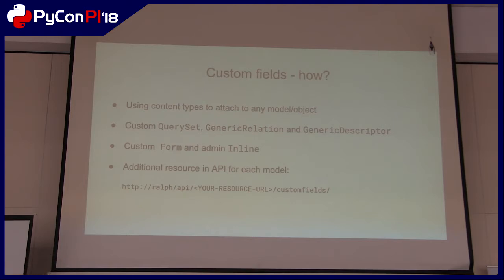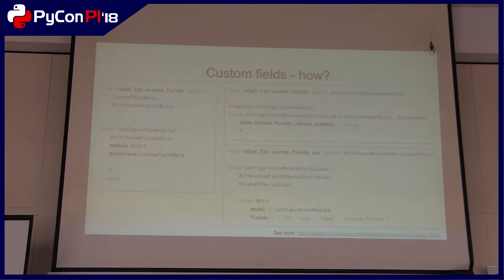We did some custom forms and inlines and provided some additional resources in the API to easily manage custom fields through the API. In source code, our model has to inherit from the custom field mixin with some metaclass, and custom fields are automatically attached to this model.